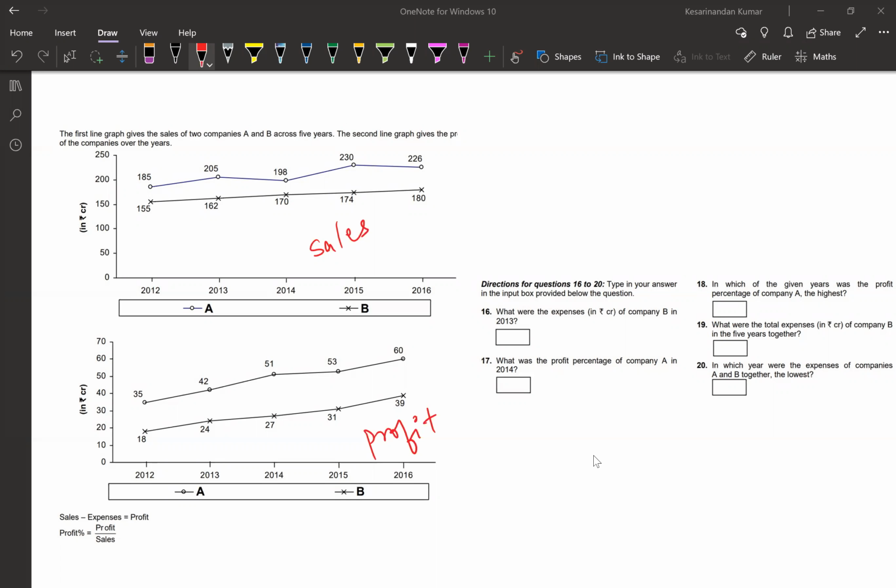Okay, so this one was pretty easy, 138. The 17th one was 25.75. The 18th answer was 2016. The 19th I won't say yet.